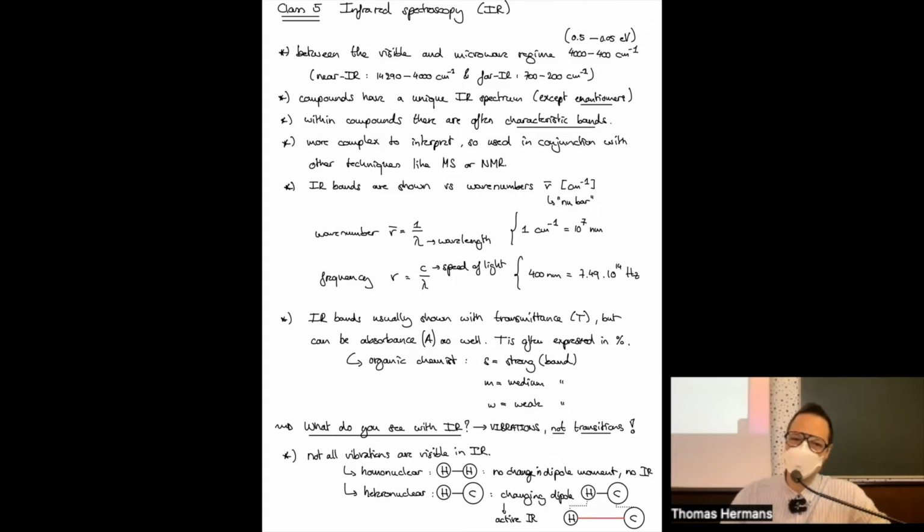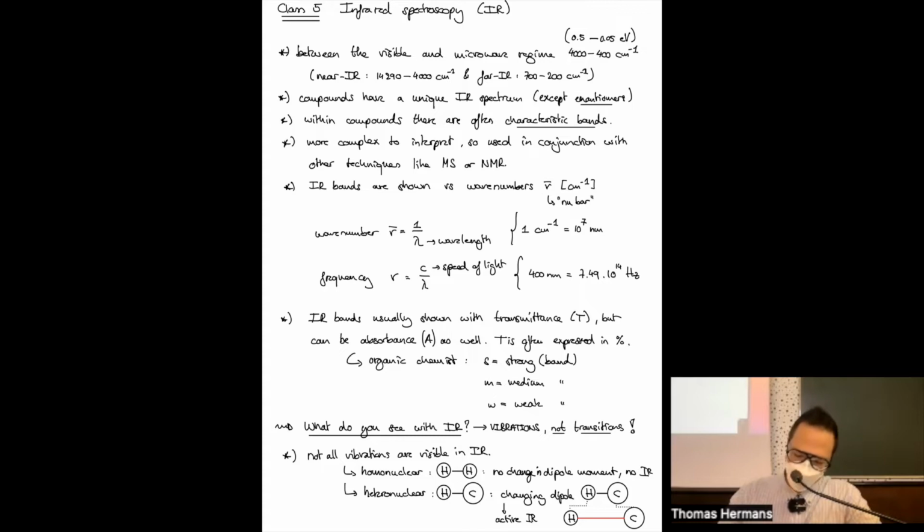So in UV-vis, it makes more sense to use wavelengths, and in infrared, it makes more sense to use wave numbers. And why? Because the scaling is an inverse proportional scaling, so the bands are narrower and easier to identify in wave numbers than they would be in wavelengths.